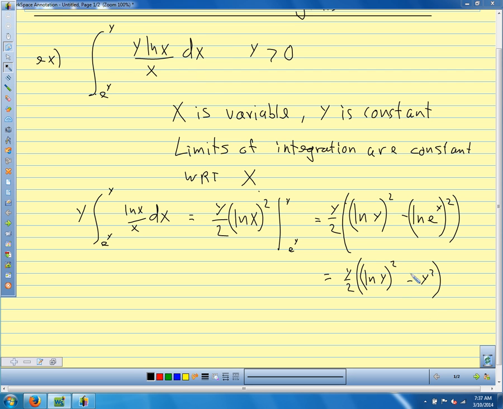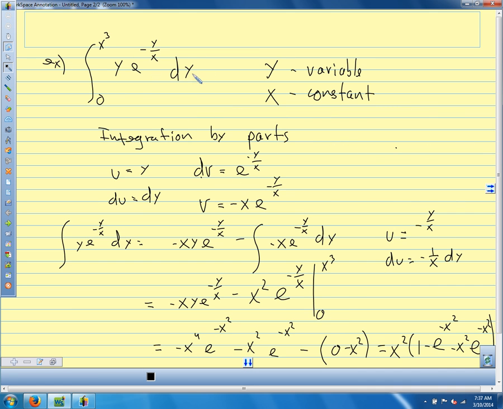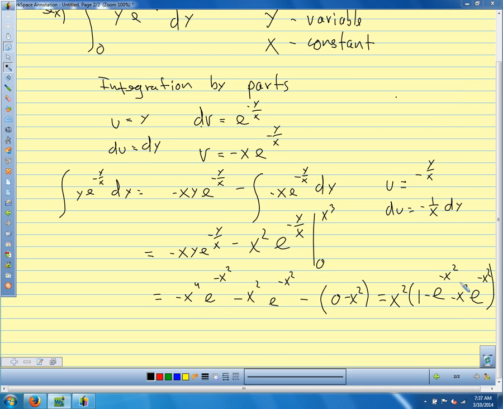We could then integrate this with respect to y. So we could end up evaluating our integral with respect to x and then with respect to y. And for this other one, we could evaluate with respect to y and then with respect to x.